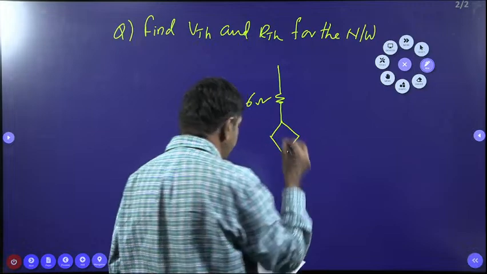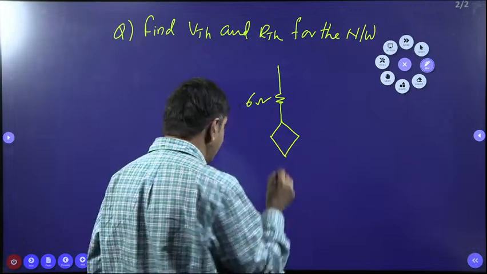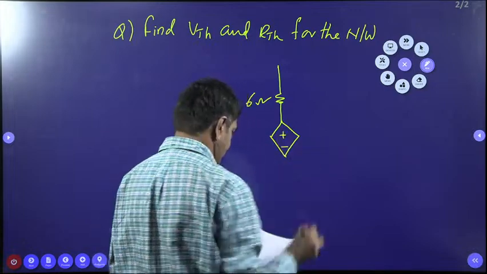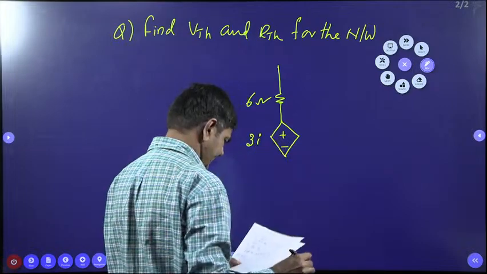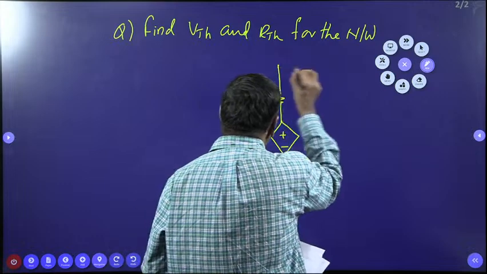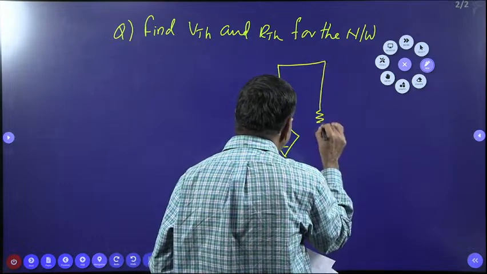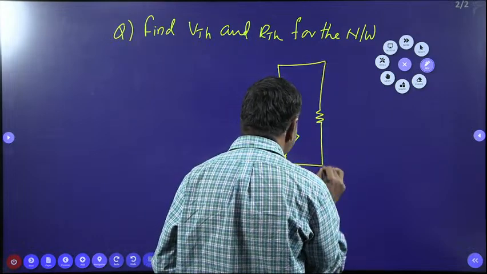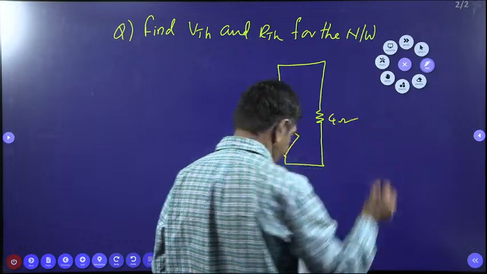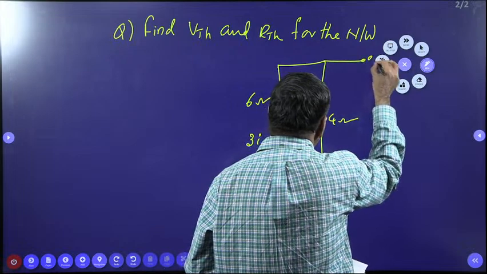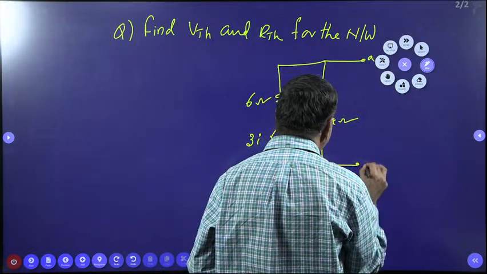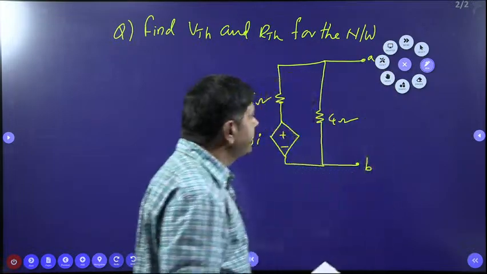There is one dependent source, plus, minus, connected with 3I. The 4 ohm resistor is connected here. This is open circuit. This point is A, and this point is B. This is the given problem.